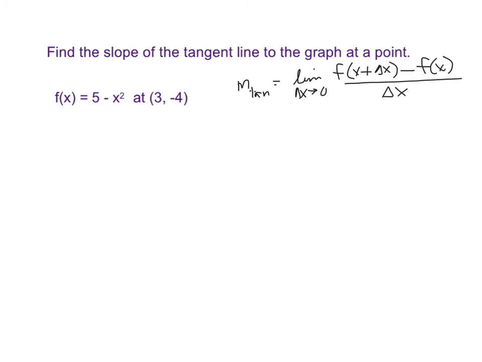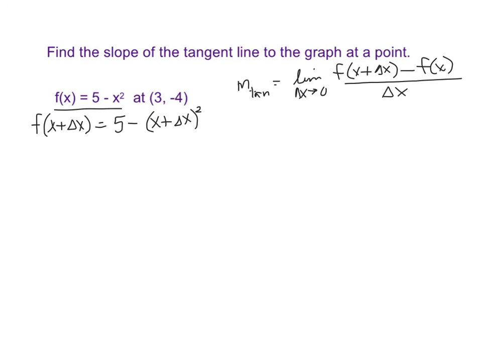All right? So what I'm going to do first is find f. I already know what f of x is. That's what that is. I need f of x plus delta x. Okay? And so that's going to be 5 minus x plus delta x quantity squared. So I'm going to do a little simplifying.